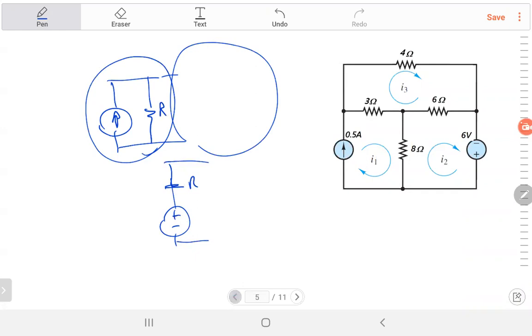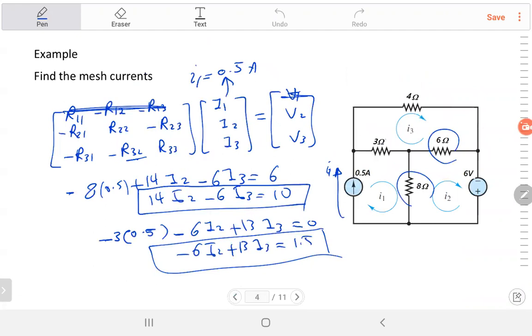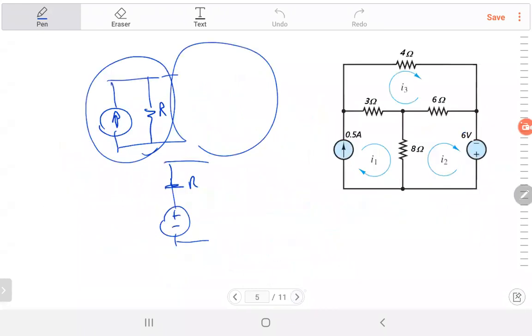But I didn't do that because I don't have something in parallel. You cannot say this is in parallel with this one because there's a resistance in the way. It has to be attached to it, nothing between them. If this is the case, just do what I did. All right.